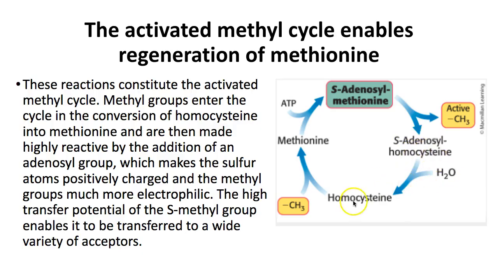You have hydrolysis to form homocysteine. It can react with activated carbon structure to form that methionine that we kind of saw before. And then it can react with ATP to regenerate SAM, which is once again that S-adenosyl methionine.